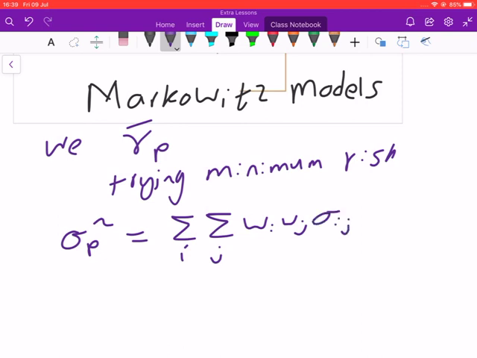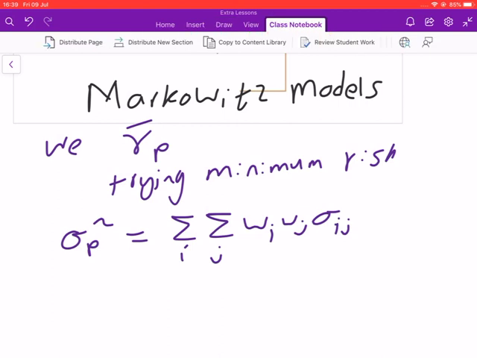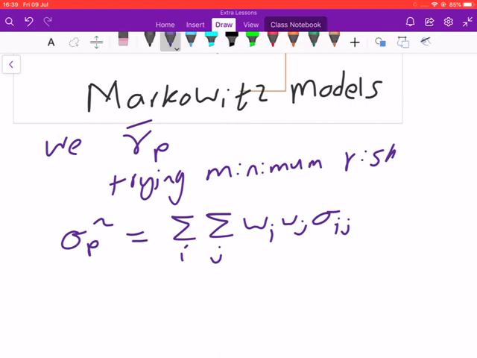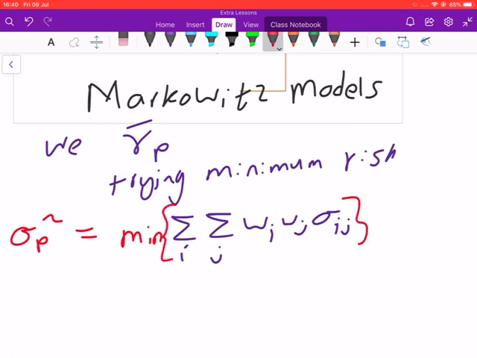So we have explained that this is your formula for risk. This is what we are trying to minimize.